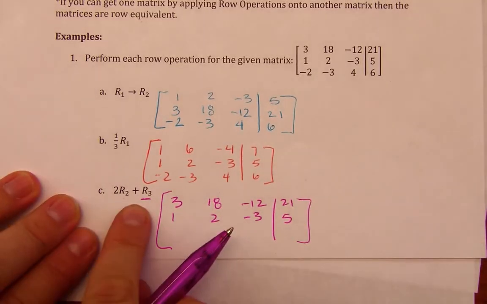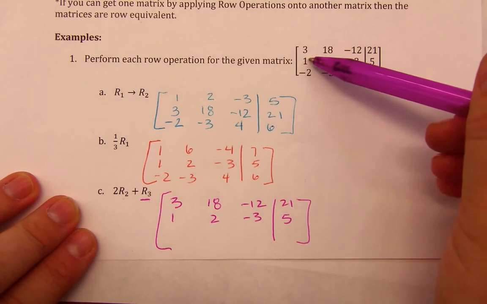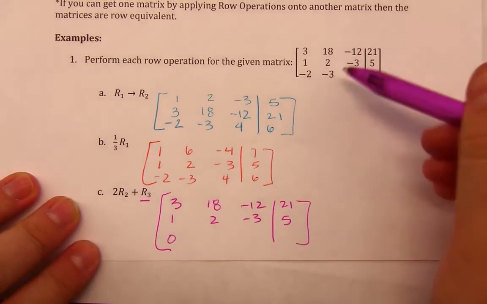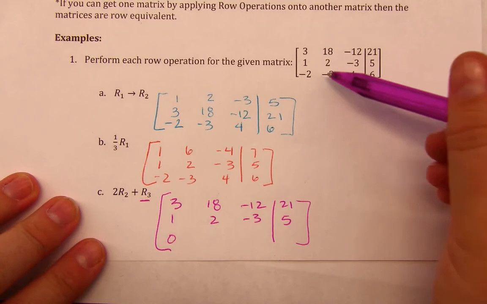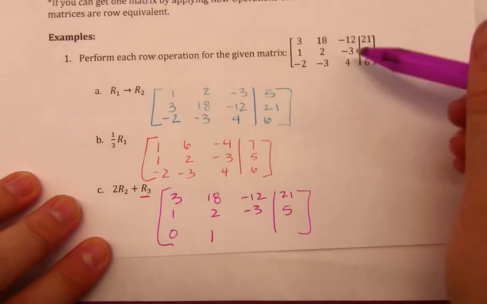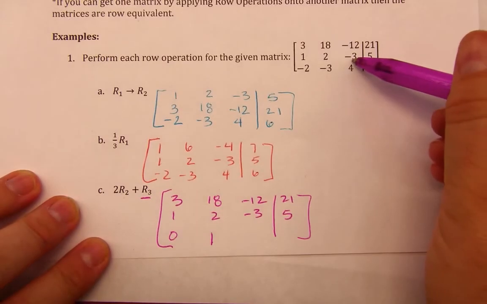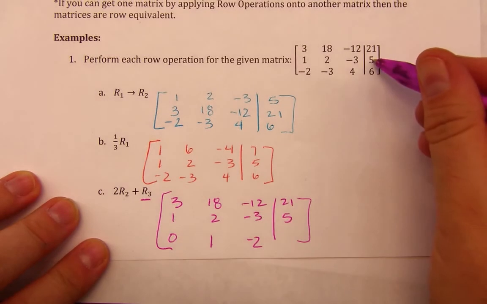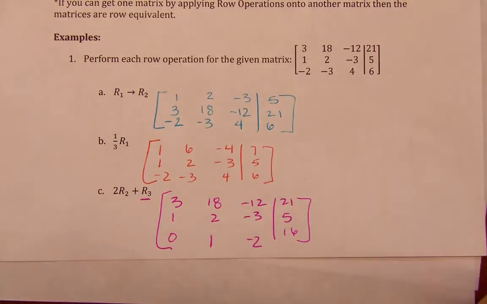And row 3 is going to change here. So 2 times 1 is 2, plus negative 2 is 0. 2 times 2 is 4, plus negative 3 is 1. 2 times negative 3 is negative 6, plus 4 is negative 2. 2 times 5 is 10, plus 6 is 16. Okay? And that's what we were doing there.